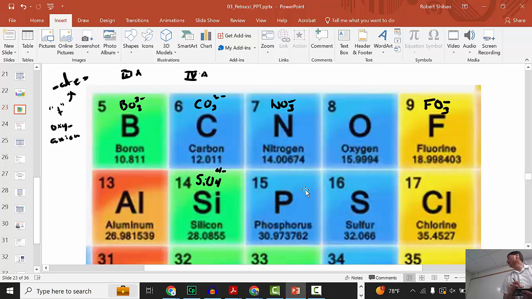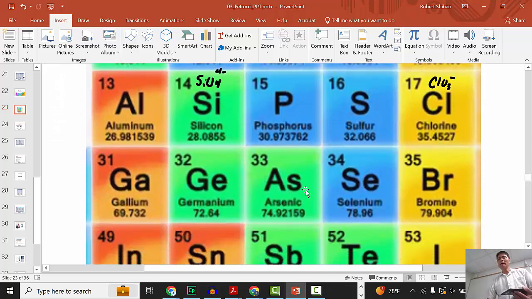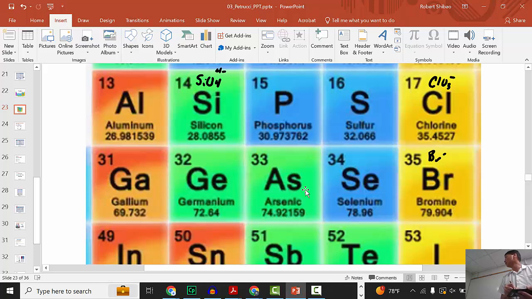Chlorate. Oh, well, I keep fluorate in here for the pattern. Fluorate is too unstable. Doesn't really exist, but chlorate's quite stable. What is the formula for chlorate? ClO3-. That's chlorate. Bromate. BrO3 charge minus.